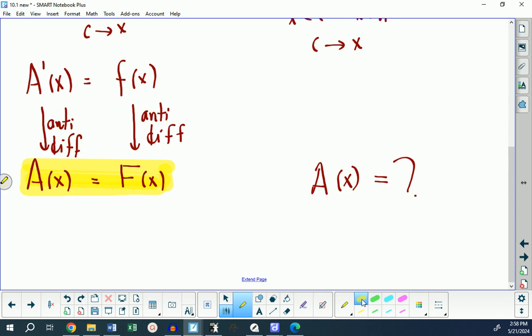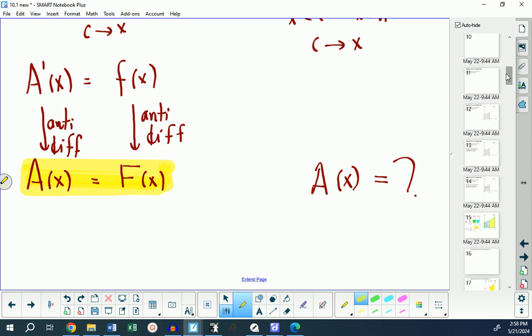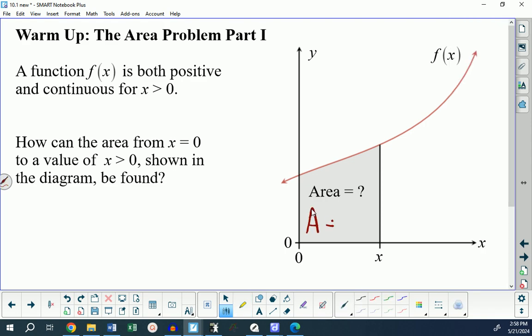You can go back, if you like, and take a look at your original diagram here. That's it. Take the function and anti-differentiate it, then put in the value of x that defines the end of the area, and you have the area.